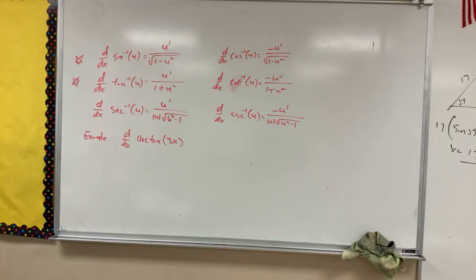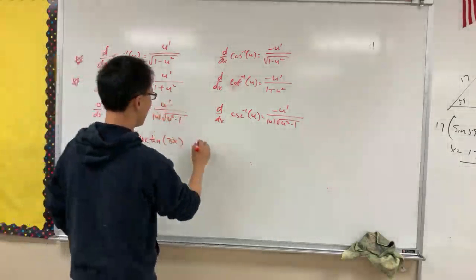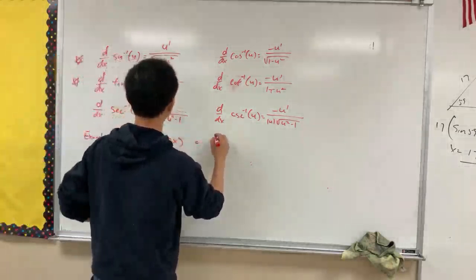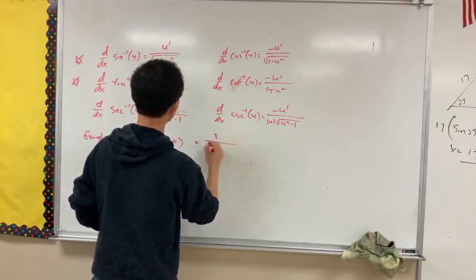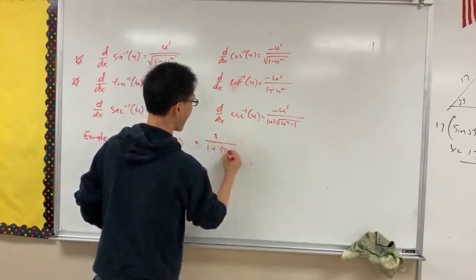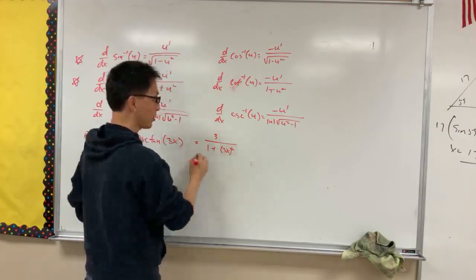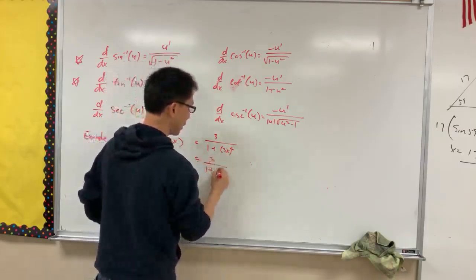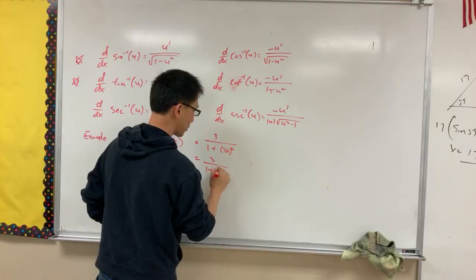Did you guys get it? Natasha, you get it? Yes, finished. What'd you get? 3 over 1 plus 9x squared. Perfect. You just follow the formula. So this is du, so it's going to be 3 over 1 plus (3x) squared, so it's equal to 3 over 1 plus 9x squared.